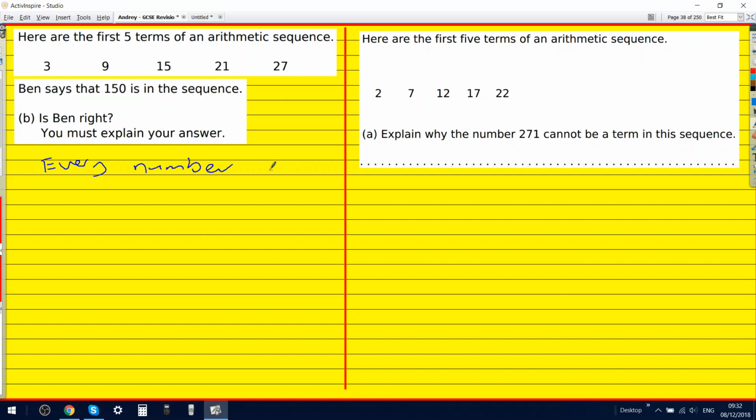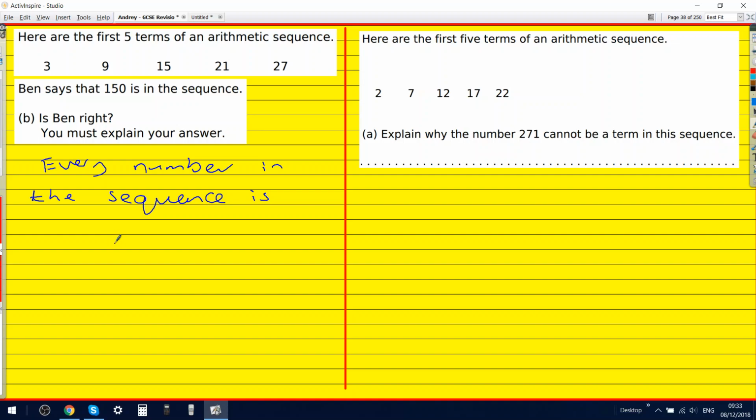Okay. But the problem is 6 isn't in the sequence, and that's a multiple of 3. Anything else that they all have in common? Oh, is it that they each end in 3, 9, 5, 1, or 7, and none of them end in 0?